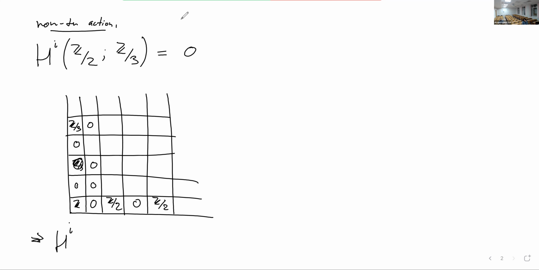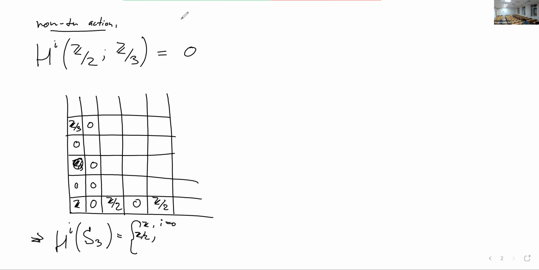Because there's just one extension of Z/3 by Z/2. Again, 2 and 3 are coprime, so Z/2 direct sum with Z/3 is Z/6.